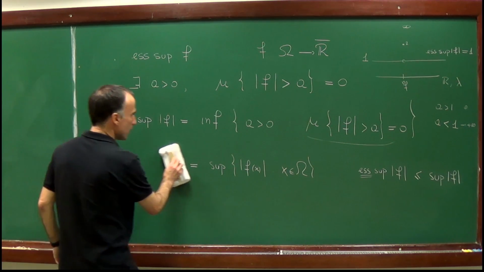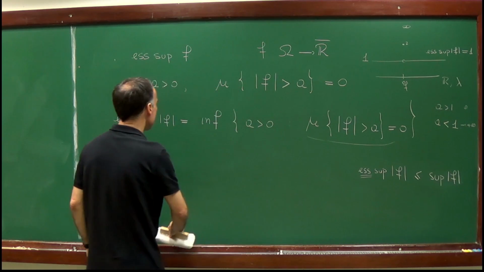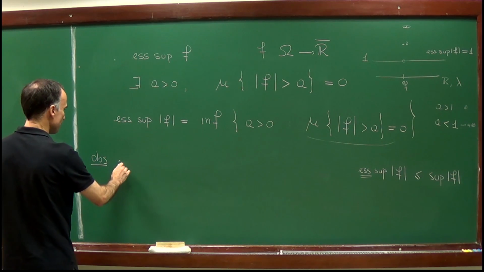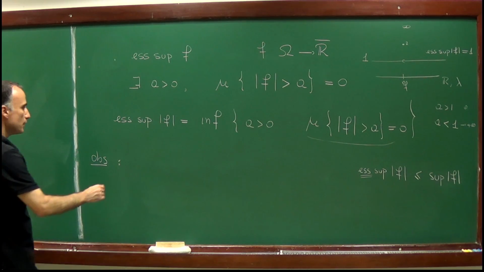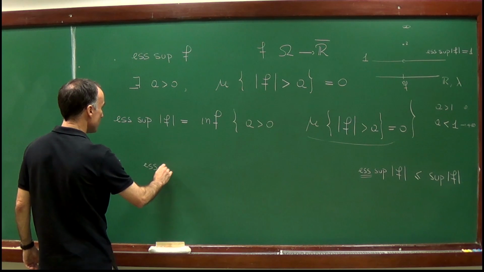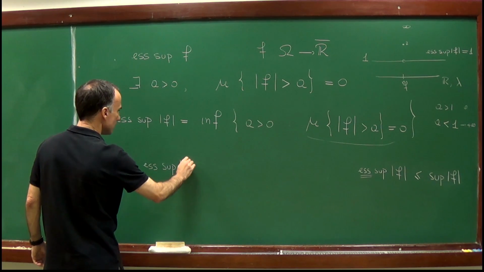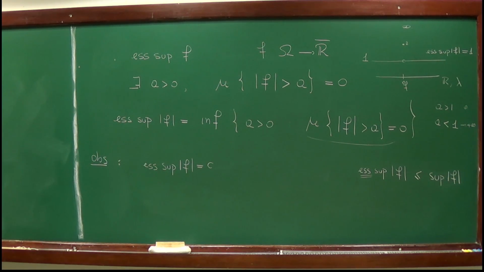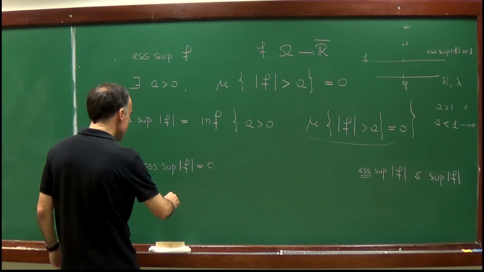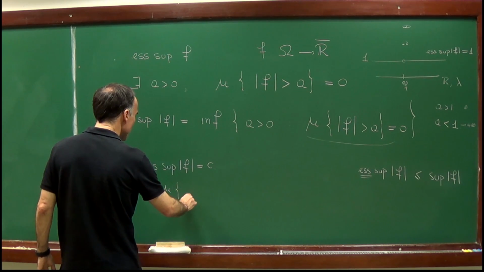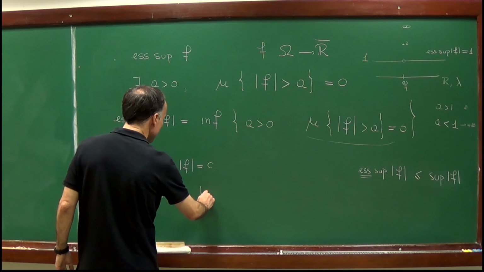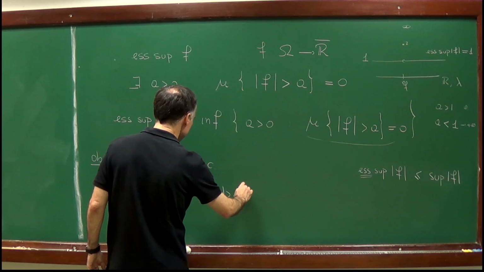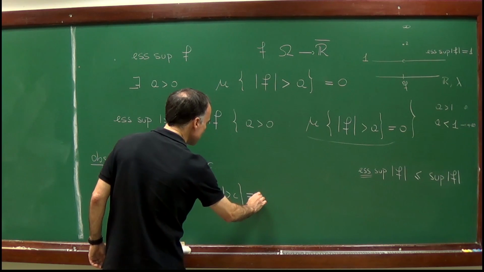So now what I want to prove is the following observation. Let me call the essential supremum of f, let me give a name to that, let's say that this is C. And what I claim is that the measure of the points x such that f(x) is larger than C is equal to 0.